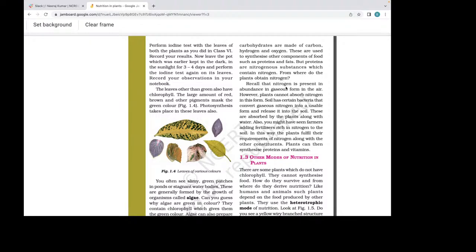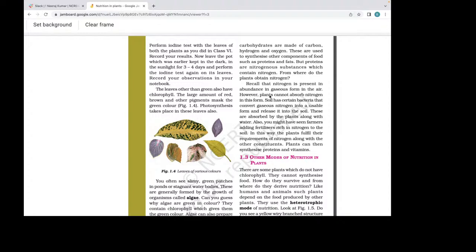Recall that nitrogen is present in abundance in gaseous form in the air. So we know that nitrogen is an abundant element. So it is present in air.